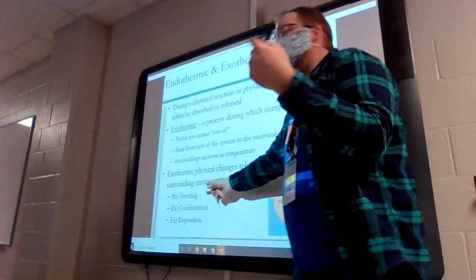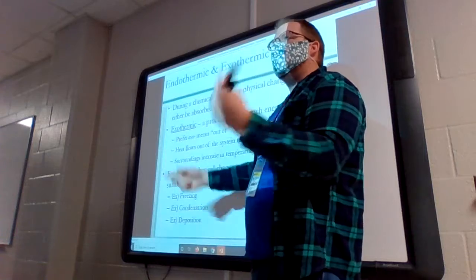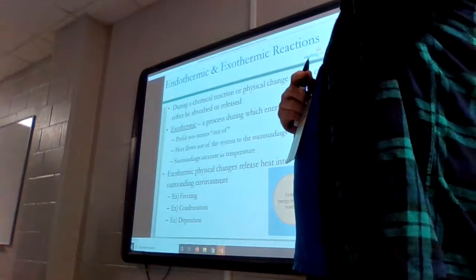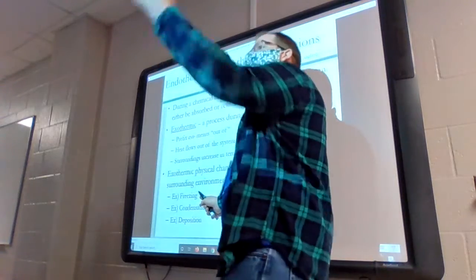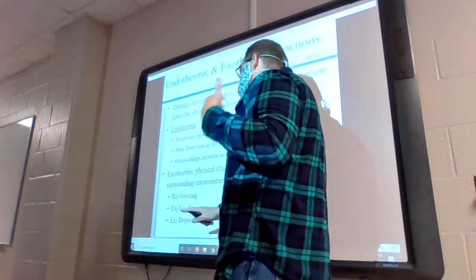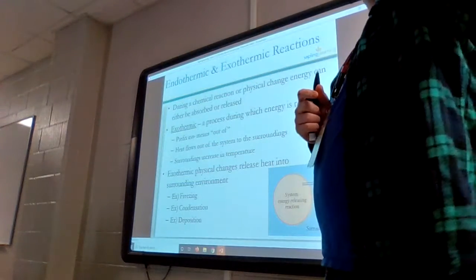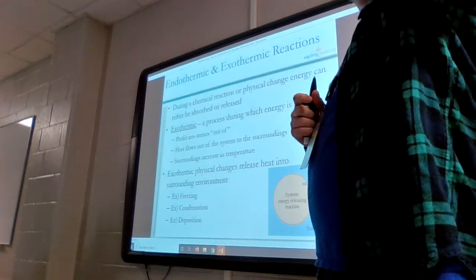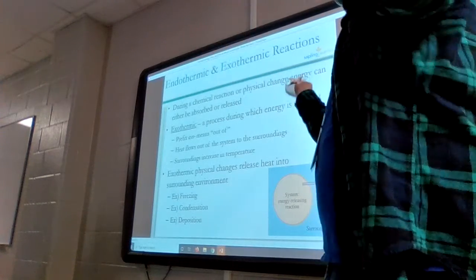And we have 3 things where heat is leaving the system. So if I'm freezing something, if I'm turning my water into ice, I need to cool it down, right? And so heat is leaving the system. I'm taking heat out of the system. Same thing for condensation. Condensation is a gas to a liquid. So I'm turning my steam into regular water. Steam is really hot. Water is room temperature.